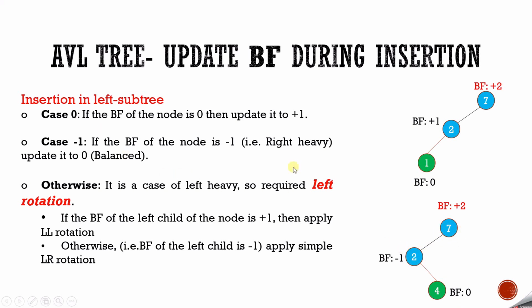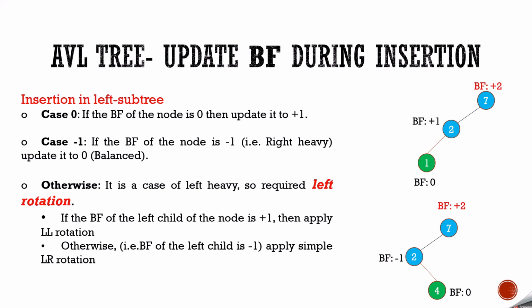Since you are not adding it on the left-hand side, this is not going to hold; it will hold for the rule for inserting in the right subtree. Anyway, if the case is -1, that means before insertion of a new node, if any node's balancing factor is -1 and you are adding a new node on the left side, naturally it is going to be balanced.